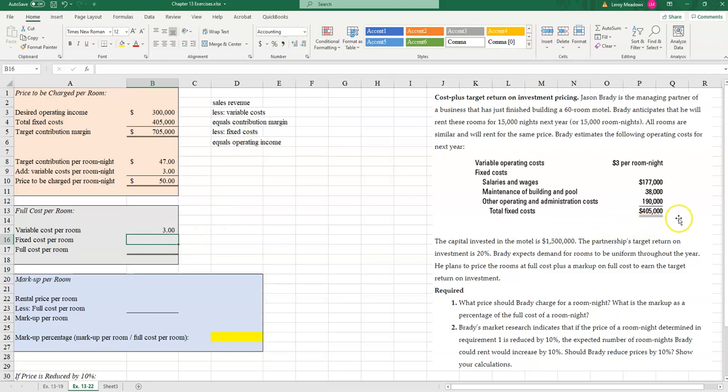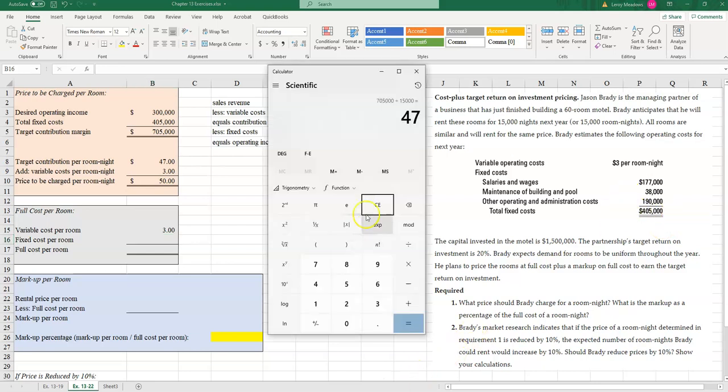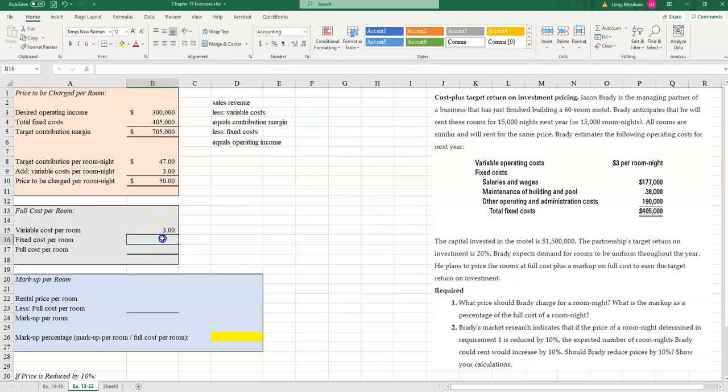Well, we're going to take my total fixed costs of $405,000 and divide that by 15,000 room nights. And my fixed costs are going to be what? $27. So what is the full cost per room? The full cost per room is going to be my variable cost per room plus my fixed cost per room, and that's going to give me $30.